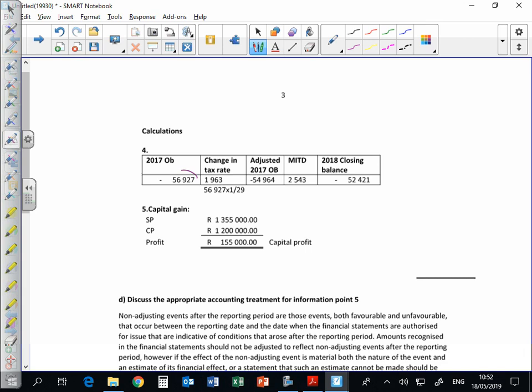We started with the opening balance, and it was a liability of 56,927 times 1 over 29, and that brings it to 28%. We are moving in an asset direction, reducing our liability. Think of it like this.